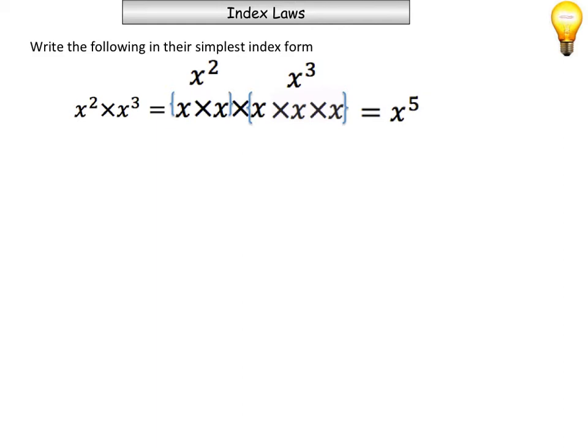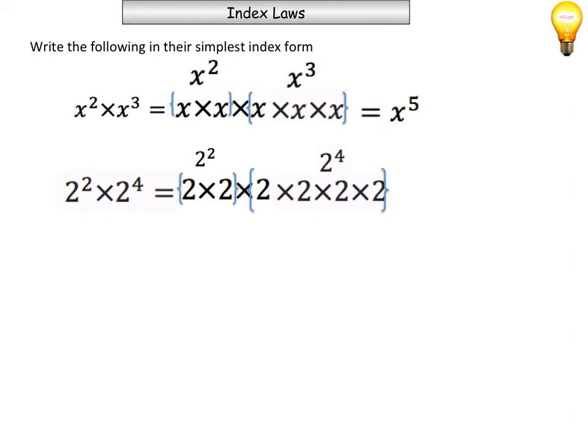If we do that numerically with a new number as the base, we have 2 to the power of 2 times 2 to the power of 4, and we could write that in expanded form first. 2 to the power of 2, which is just 2 times 2, and 2 to the power of 4, which is 2 times 2 times 2 times 2. And that would give us 2 to the power of 6.